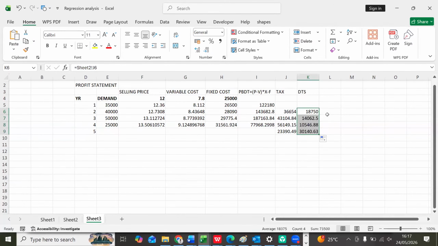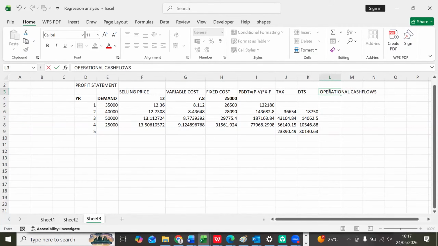And then now I will be able to come here and get what we call the operational cash flows. So how do we get these operational cash flows from year number 1? From year number 1, I will pick here the PBDT.